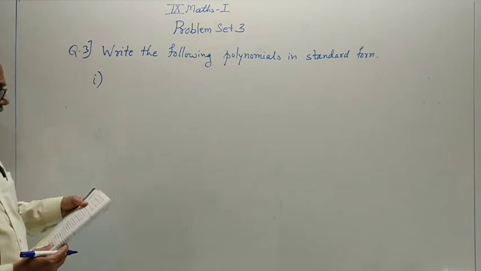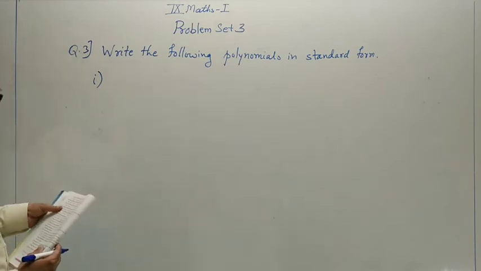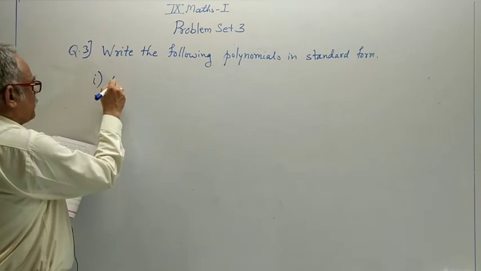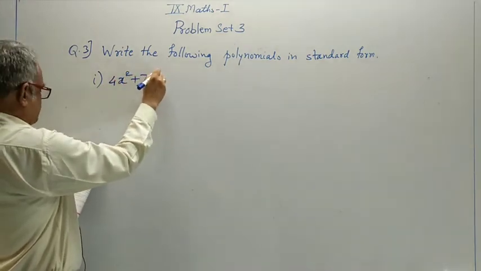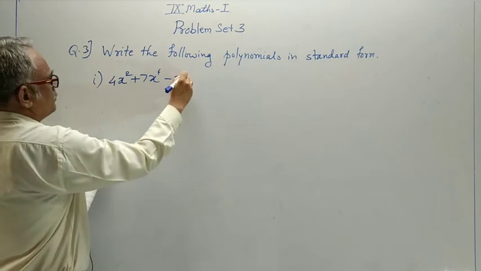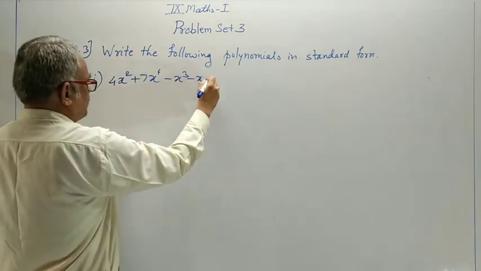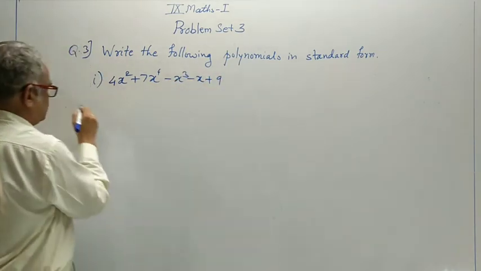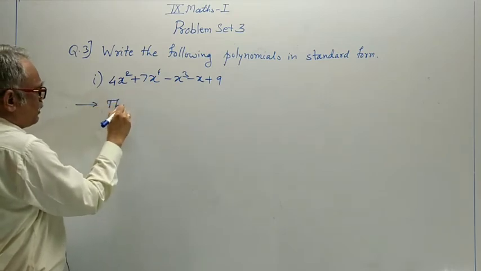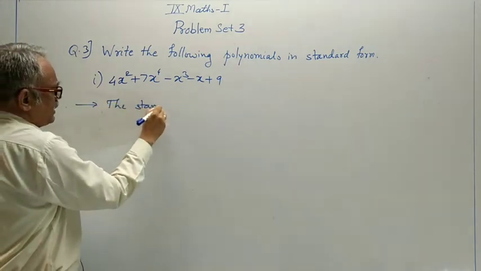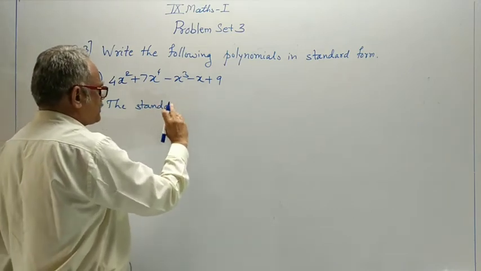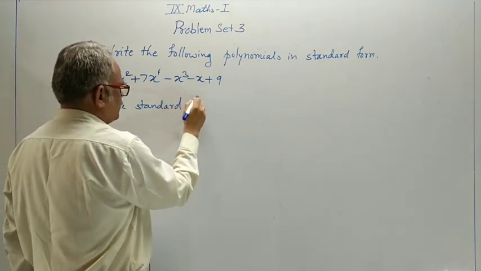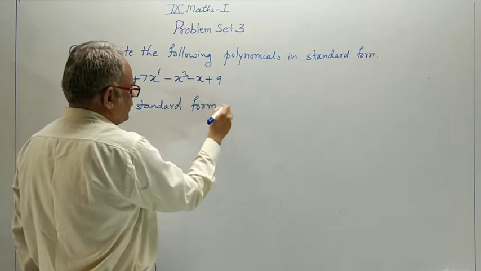Write the following polynomial in standard form. First is 4x square plus 7x raised to 4 minus x cube minus x plus 9. Standard form means we have to write from highest degree to lowest degree, highest index to lowest index of variable.